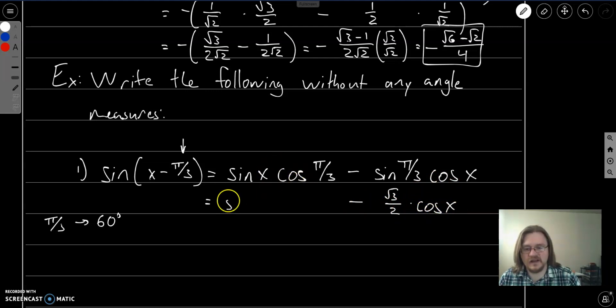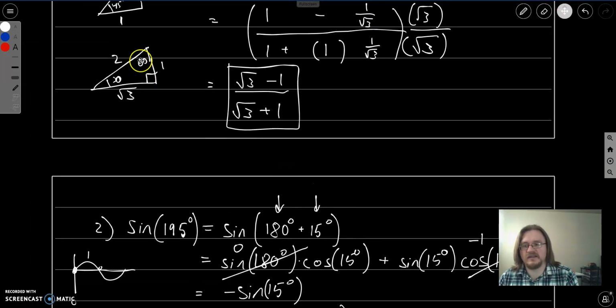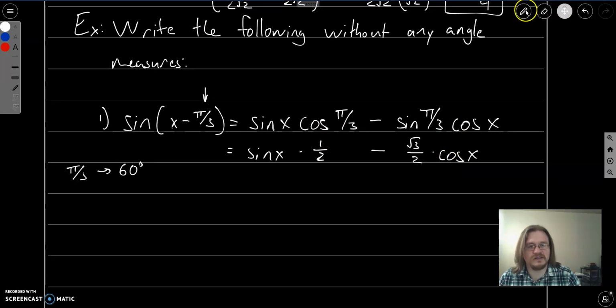Right? And then here, again, we've got the sine of x, which we can't simplify. We don't know what x is. But the cosine of pi thirds, we can. So here's our 60-degree angle. The side adjacent is 1, divided by the hypotenuse, which is 2. So then we can simplify this.